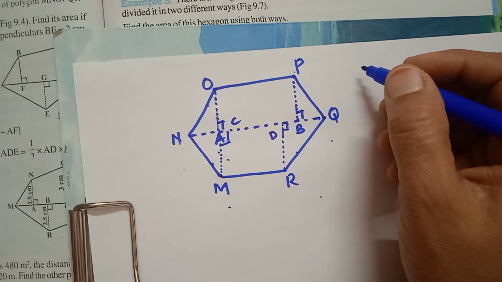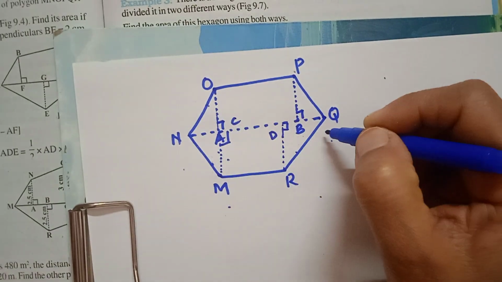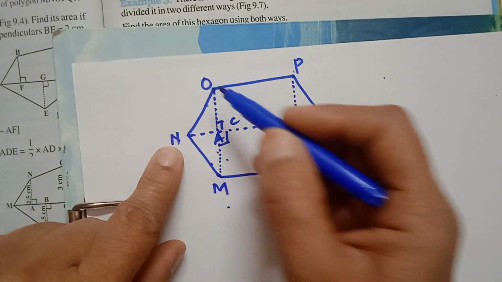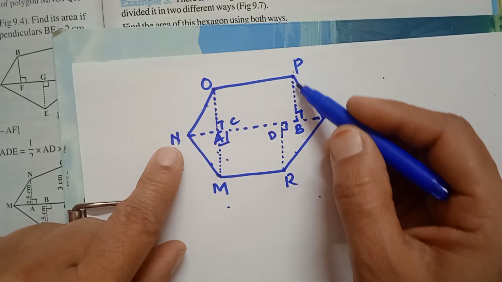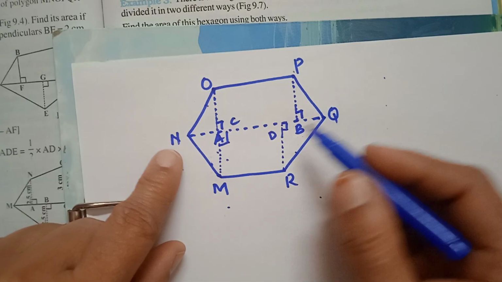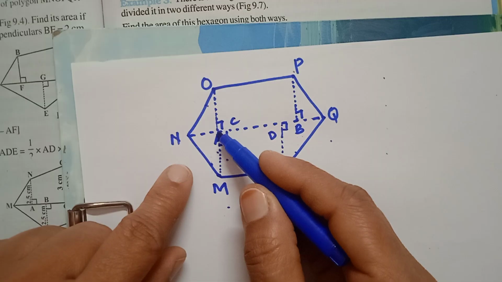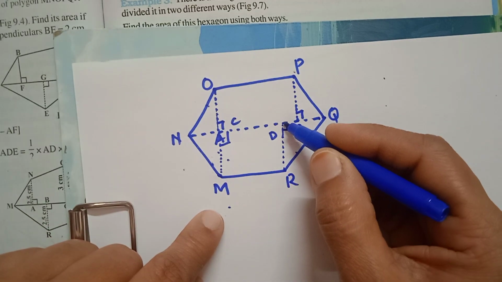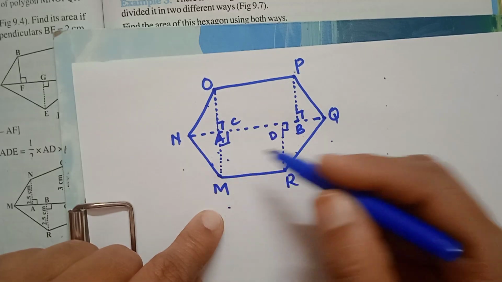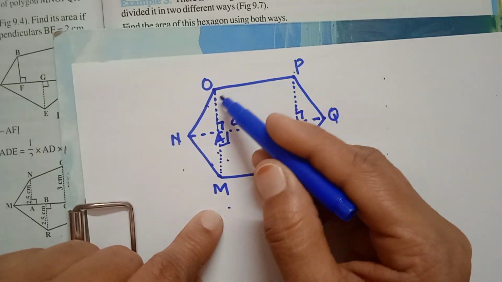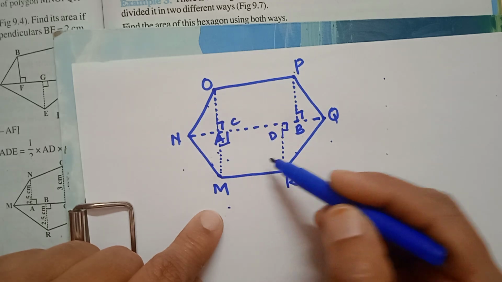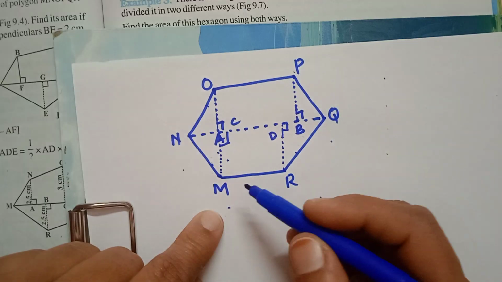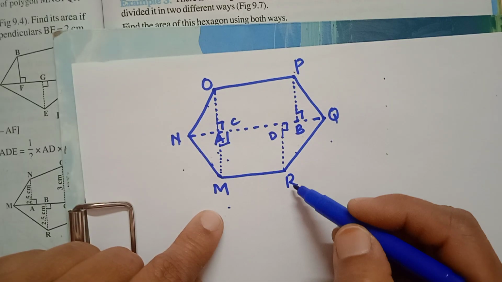So the area of this hexagon will be the area of triangle NCO, area of triangle PBQ, area of triangle NAM, area of triangle QRD, 4 triangles, plus the area of these two trapeziums, trapezium OCBP and trapezium AMRD.